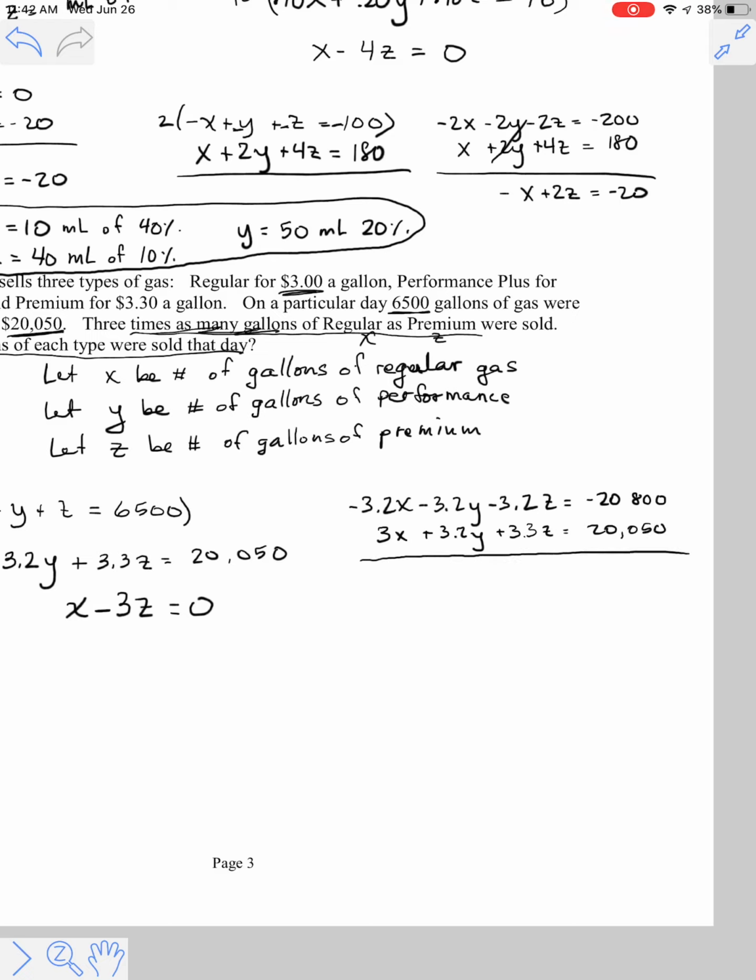So now I can add these using elimination method, cancel the y variable. So if I add the x's together, I'm going to get negative 0.2x plus 0.1z, and then subtracting there will give me negative 750.